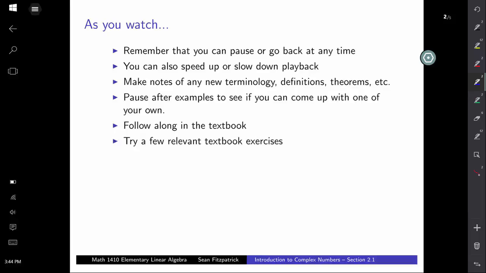So see it on these videos, then take a look at it in the textbook, then ask about it in lecture, in tutorial, in office hours, and keep chipping away at things until they settle in. It's not a bad idea as you go to do some of the exercises in the relevant section. Maybe try to make your own examples. Have pen and paper with you as you work through these videos.